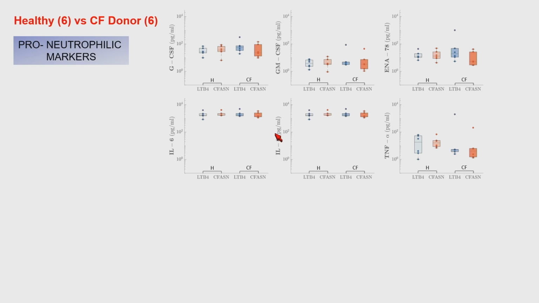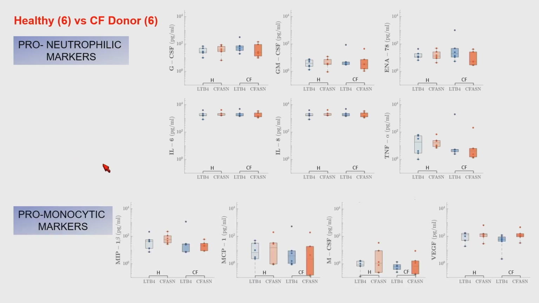This data set was literally obtained last week, so we are still at the very beginning of understanding this whole profile. When we checked the pro-monocytic markers, we did see a significant difference in MIP1 beta between the CFASN recruited neutrophils from healthy and CF donors. So basically the second and the fourth bar here.